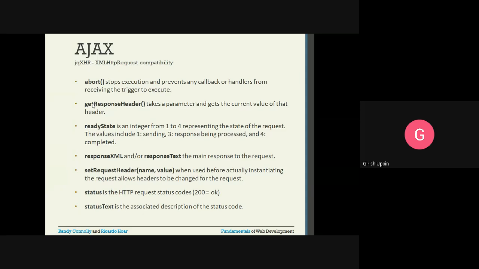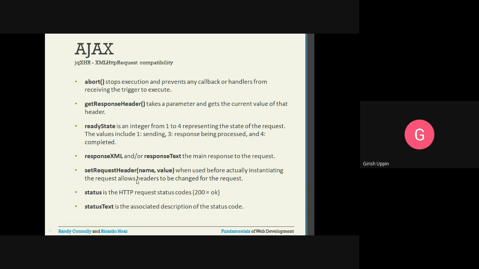Abort stops the execution and prevents any callbacks or handlers from receiving the trigger to execute, meaning it will abort that particular request. getResponseHeader takes the parameter and gets the current value of the header. readyState has four states represented by the integers 1 to 4. 1 is sending the request, 3 is processing, and 4 is the request is completed. Then we have responseXML or responseText, which is the main response from whatever request has been placed.